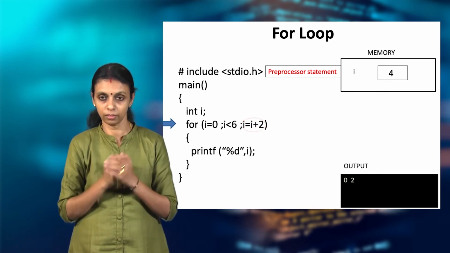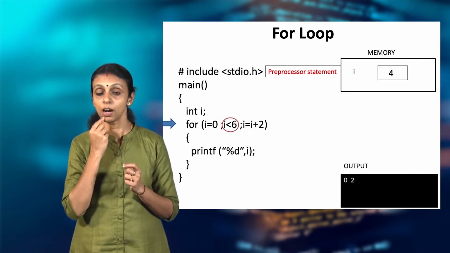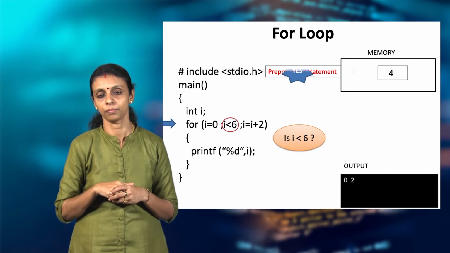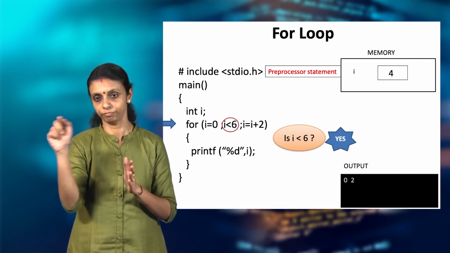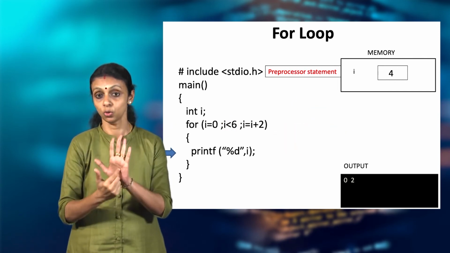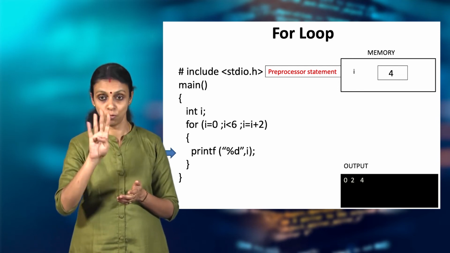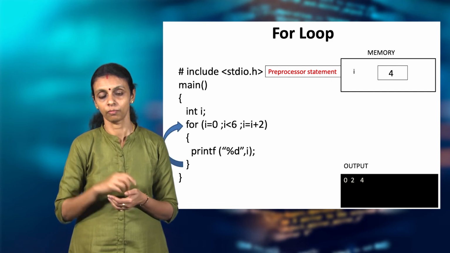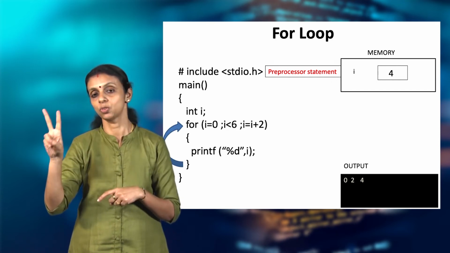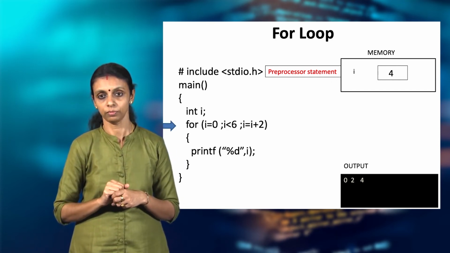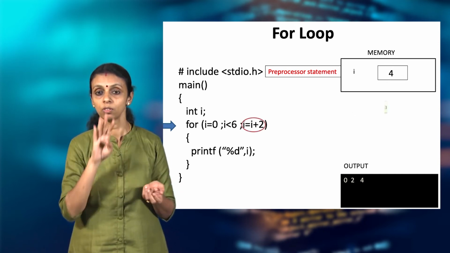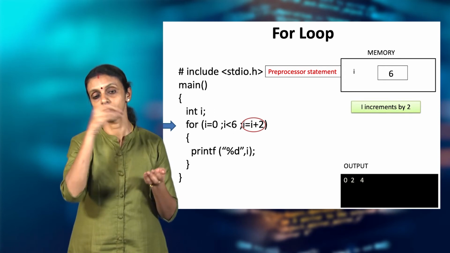Checks the condition, I less than 6. Yes. The statement in the loop executes and prints the value of I, that is 4. Then update expression, I is equal to I plus 2, that is I is equal to 4 plus 2, 6.